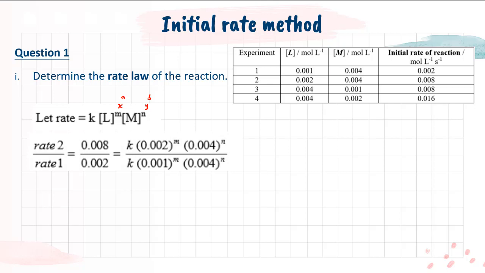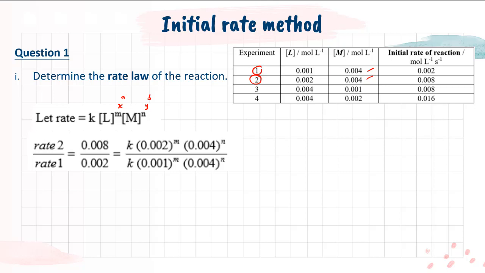The reason why we choose experiments 1 and 2 is that if you look at the concentrations of L, they are different, but for the concentrations of M, they are the same. When you have the same concentrations, that means we can cancel them off, so we leave only one unknown, for L. So we can solve it one at a time. Experiment 2 on top, experiment 1 at the bottom.